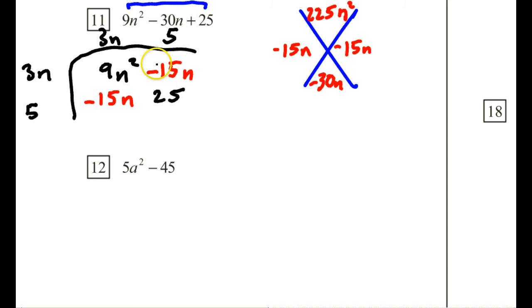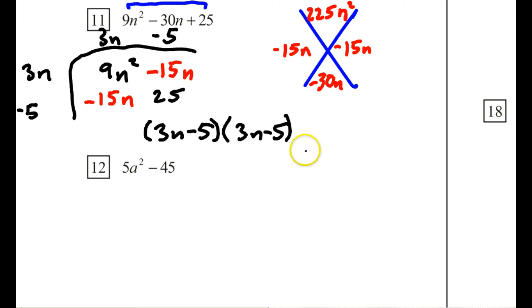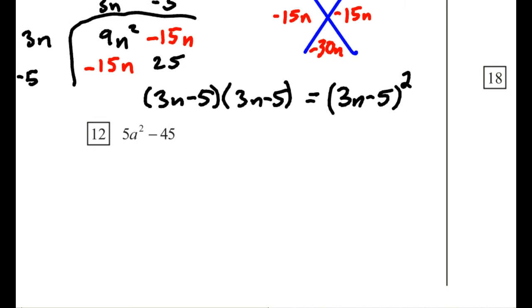And a 5, but we need these to be negatives in order to make negative 15. So it looks like we have 3n minus 5 times 3n minus 5, which is a good answer. If you like, since it's just the same thing repeated, there's a shorthand for that. It's using an exponent, like that. So either one's acceptable.